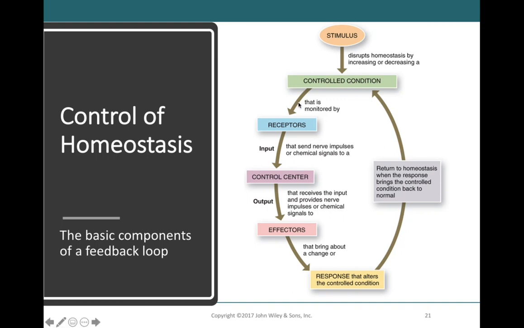There are specific receptors that we are going to touch on that are going to be monitoring heart rate. These are going to relay the signal to some type of control center, and the control center is then going to send out signals to the effectors to produce some type of response to lower that heart rate back to a more acceptable level. So that's the way our feedback loop is going to work.